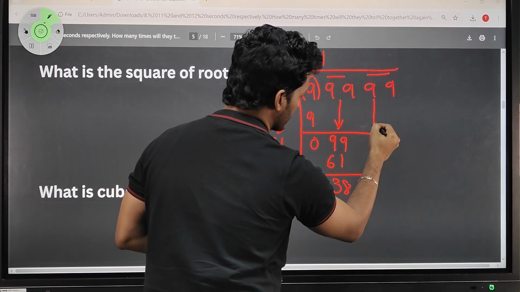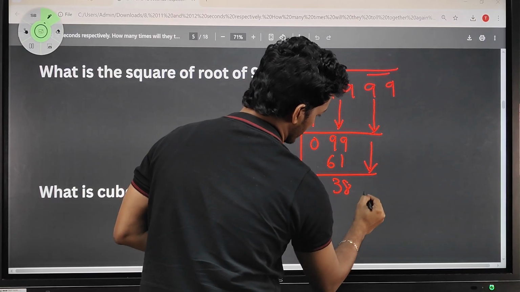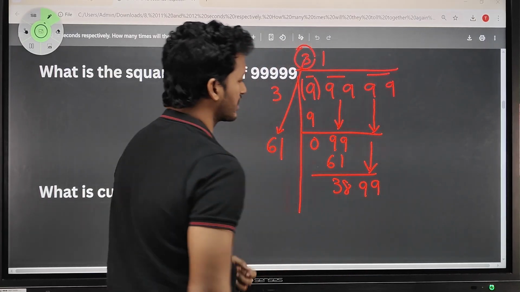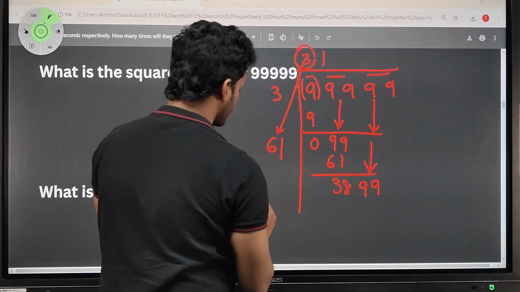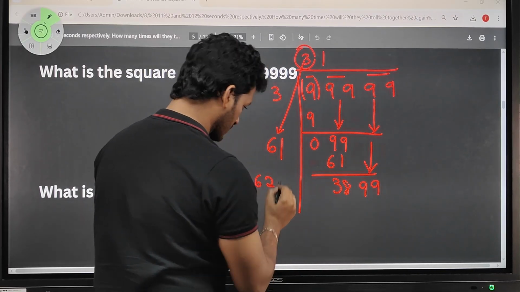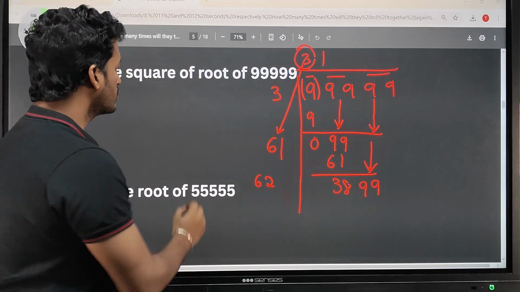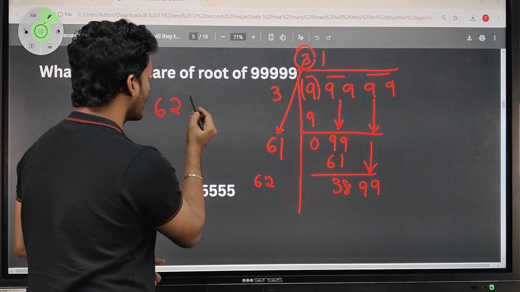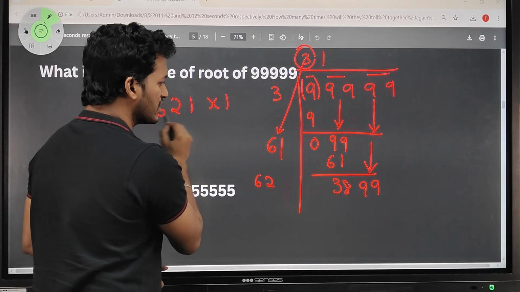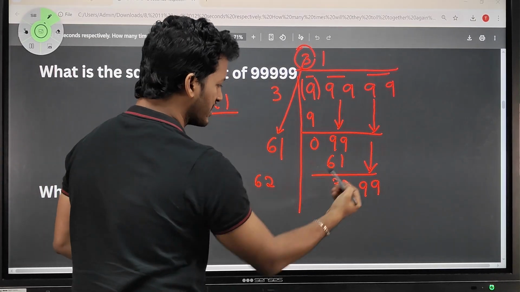Next I go for the next group, that is 99. Now again double this quotient, it will be 62. Now 62 means 620, and 1 into 621 is 621. My answer is very far from that.